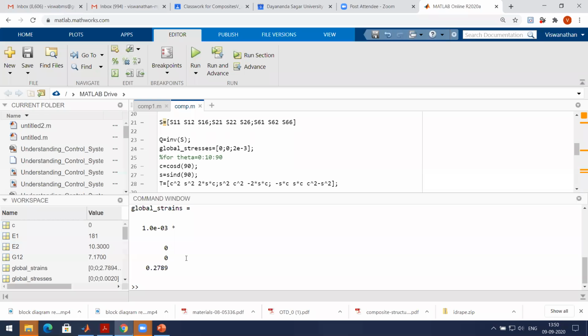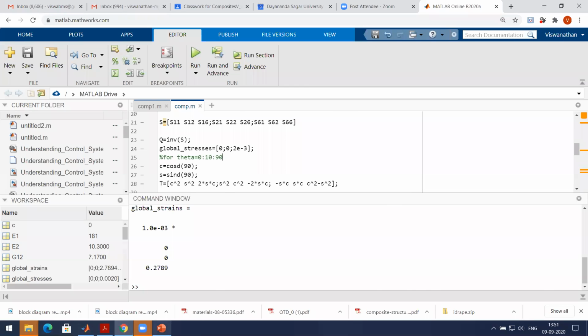Fine. Now we have understood generally orthotropic and specially orthotropic materials. You have also understood the importance of the orientation of the lamina and so on.